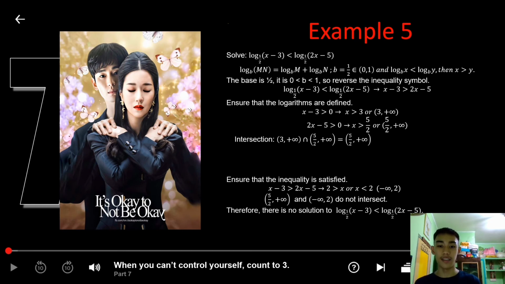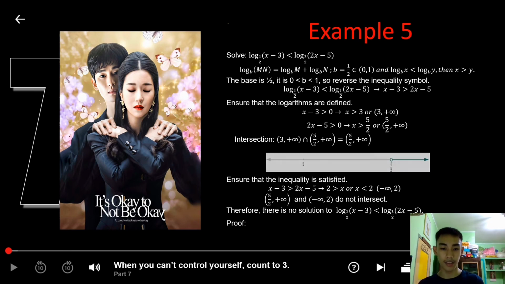So therefore, there is no solution to the logarithm of x minus 3 to the base of 1/2 is less than the logarithm of 2x minus 5 to the base of 1/2. And here's the proof. As you can see, the interval 5/2 and positive infinity is 5/2 to the right.